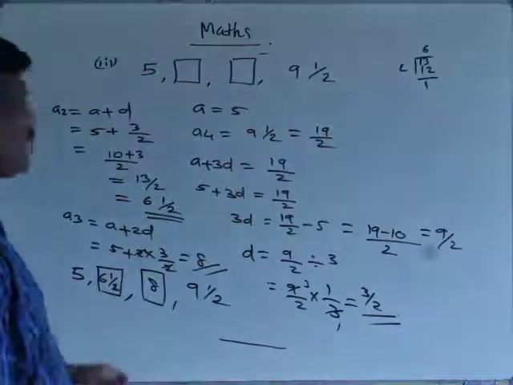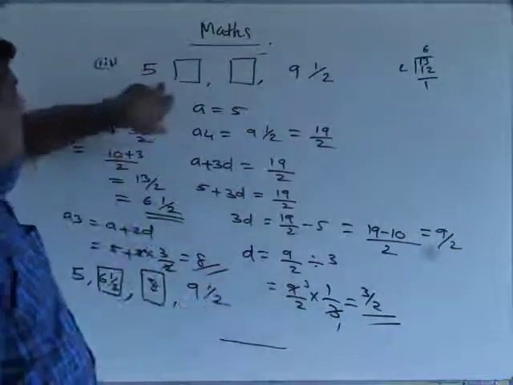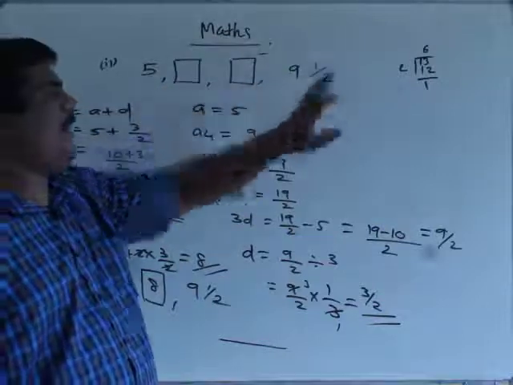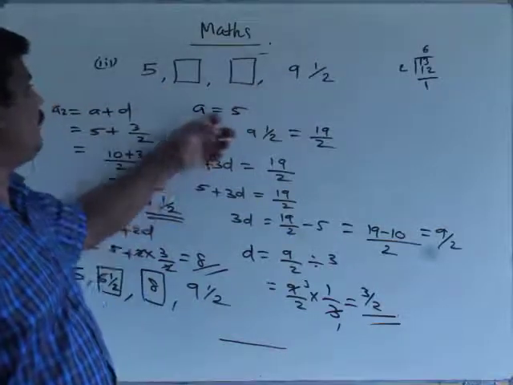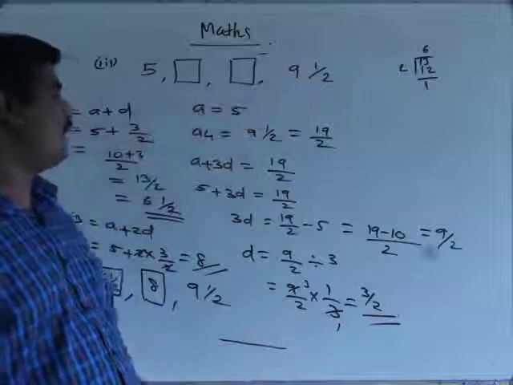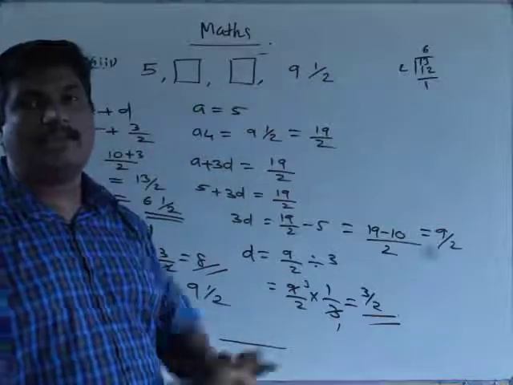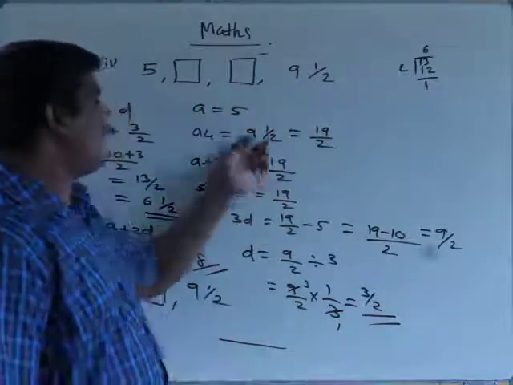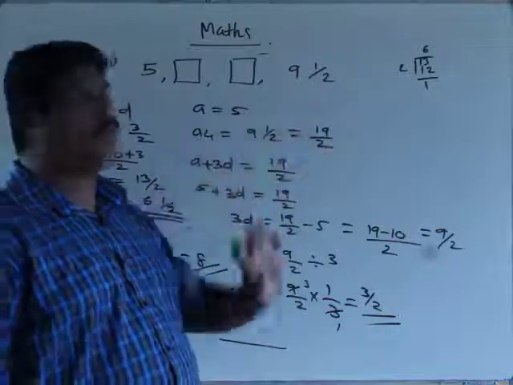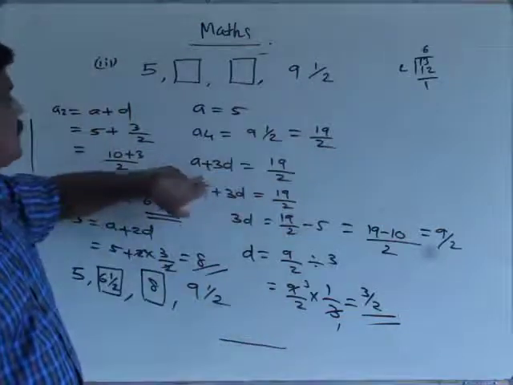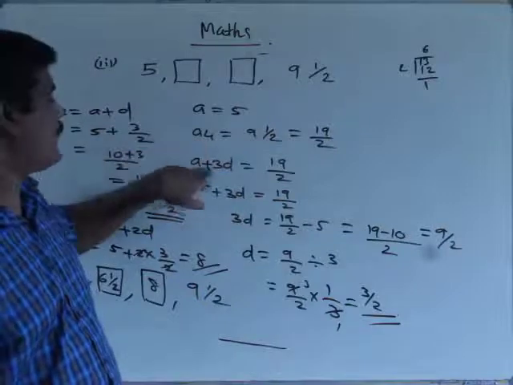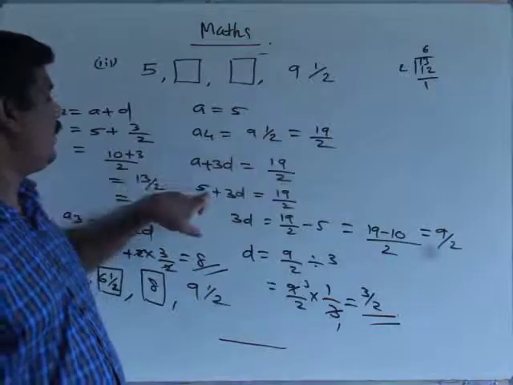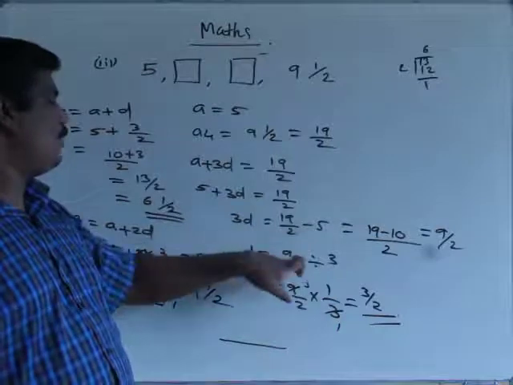Okay, listen please. Here 5, comma, box, comma, 9 and a half. Here the first term is 5 and the fourth term is 9 and a half. So 9 and a half is a mixed fraction, make it improper. So 9 into 2, 18, 18 plus 1, 19 by 2. So A plus 3D, the fourth term expressed as A plus 3D equal to 19 by 2. A is 5, so 19 by 2 minus 5.